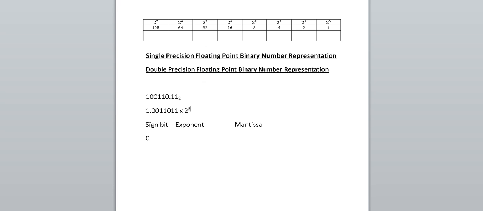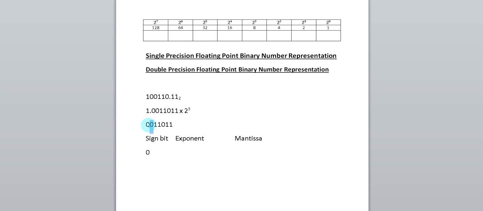After that, we focus on these decimal places, which are 0011, and we use this to get our mantissa, which is the 23 bits.